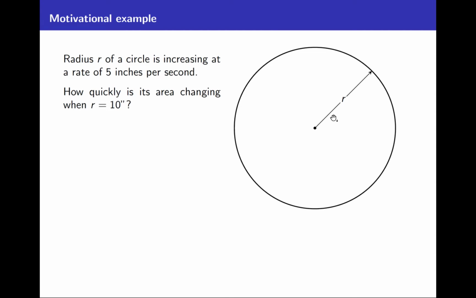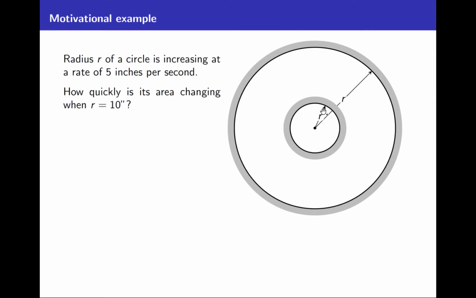Looking at this picture, when r is fairly big, as it is here, in 1 second, this circle grows by 5 inches in radius. And the shaded region here indicates the amount by which the area has changed. By contrast, if r were smaller, in 1 second it grows by 5 inches, and this smaller ring represents the amount by which the area has changed.